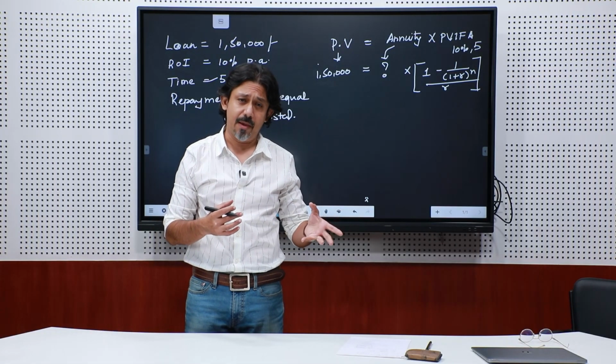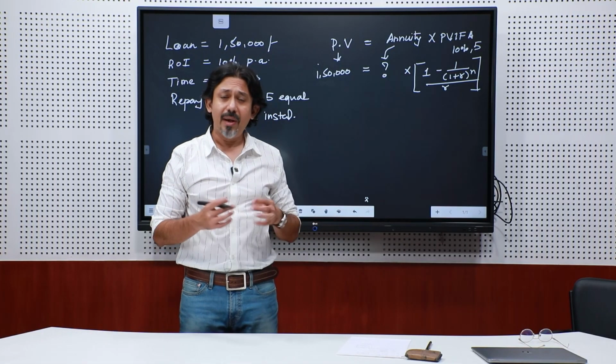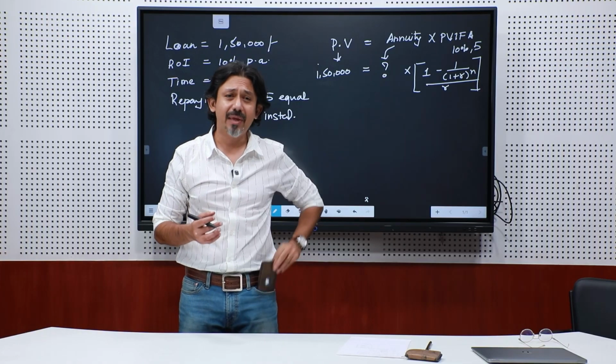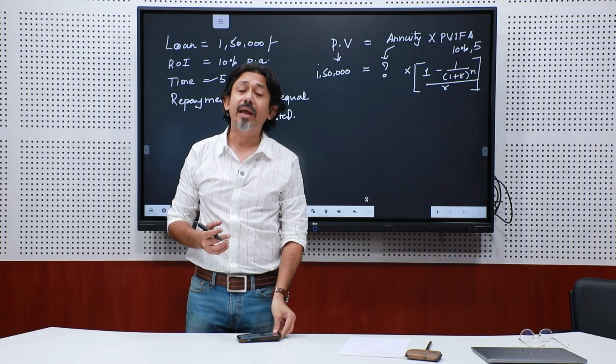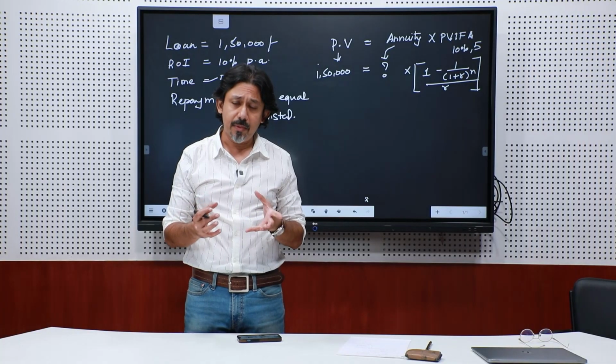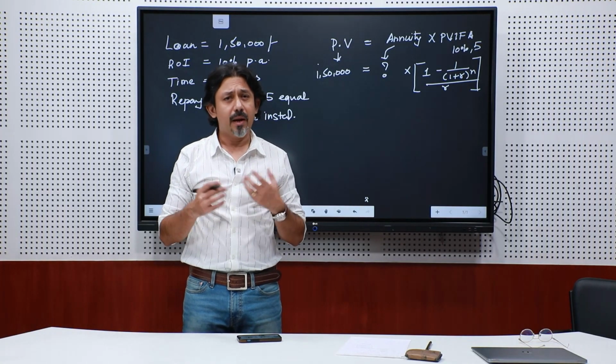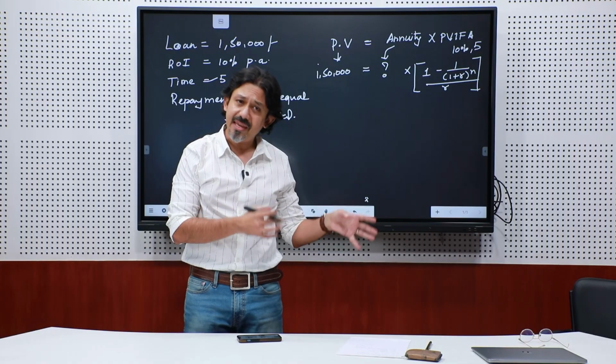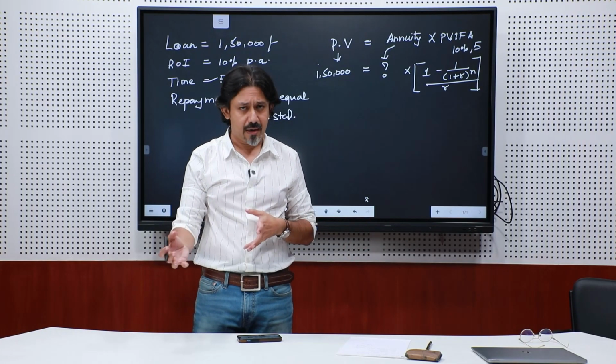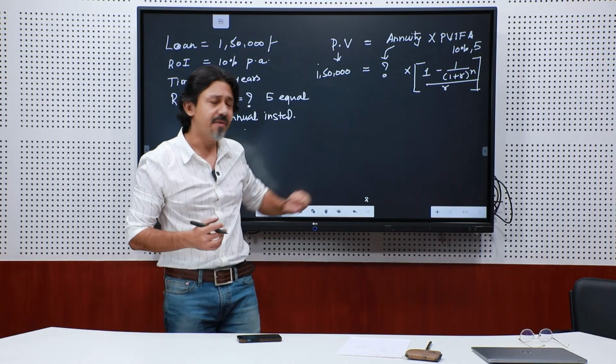If you know this formula, you can quickly do it on your cell phone calculator. Another way of looking at it is through an Excel formula, which we will do at a later point. But let me plug in the values.